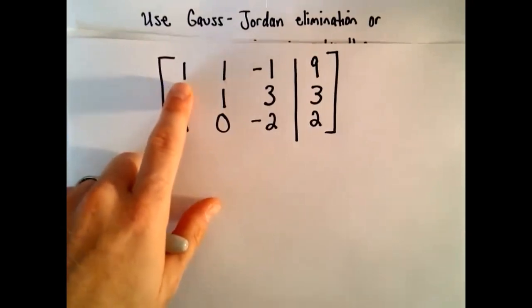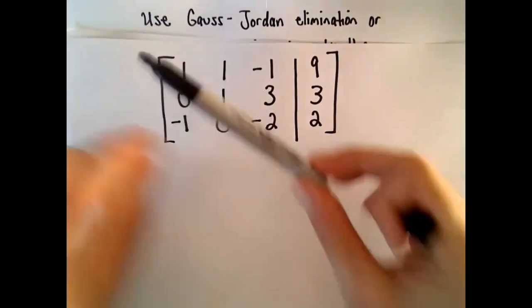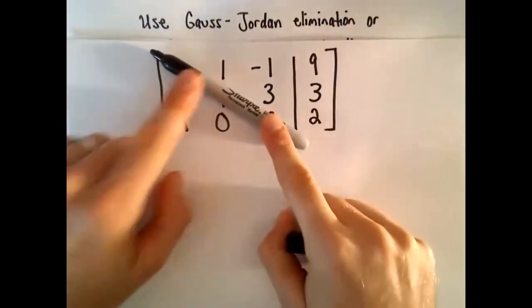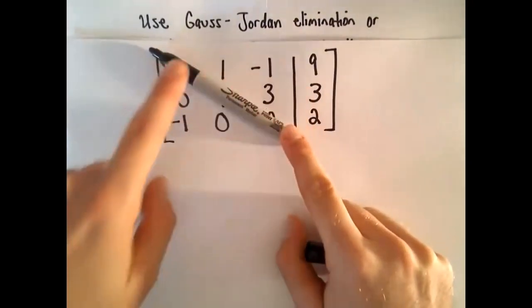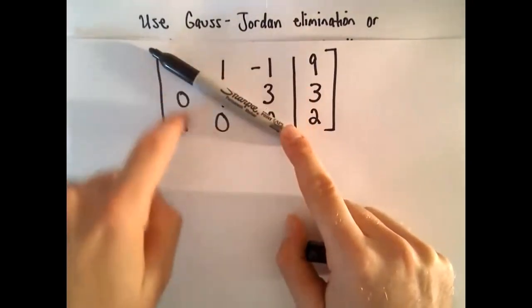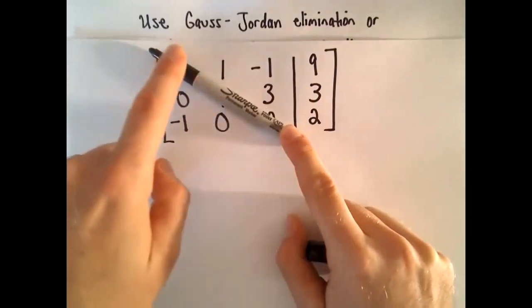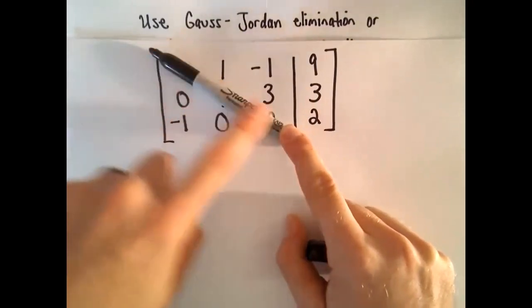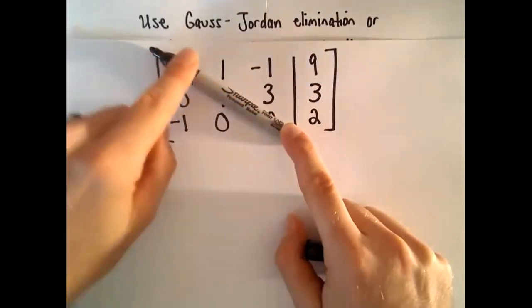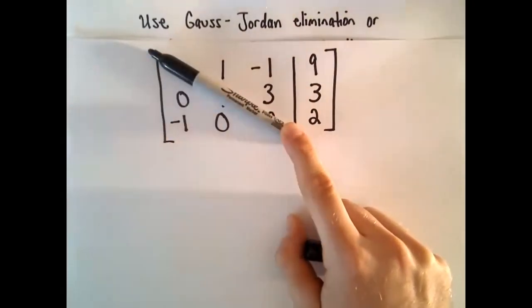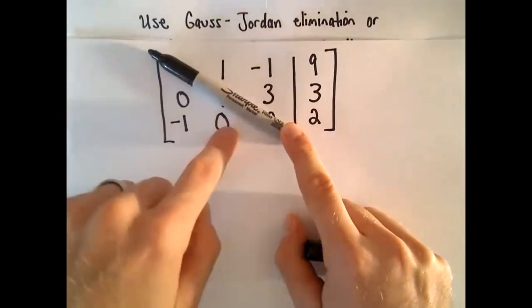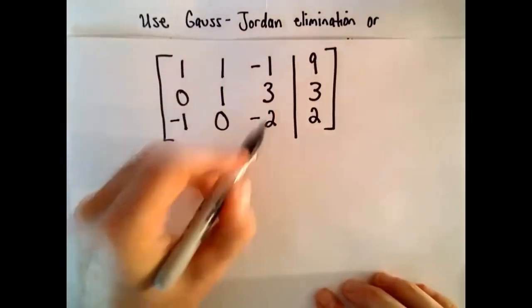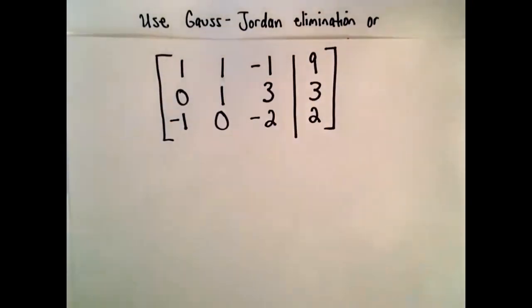Looking along the diagonal, forgetting about the constants, we're going to make the entries below that into zeros, and make the diagonal entries all equal to 1. That's what we're shooting for. Once we do that, we're going to use some back substitution. So my goal is to get zeros below the diagonal and 1s along it. That'll be step 1.